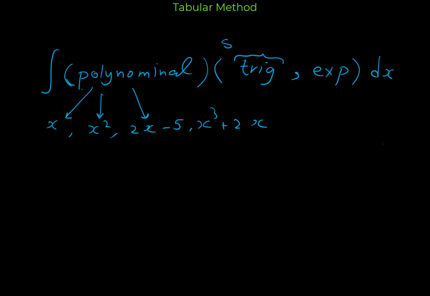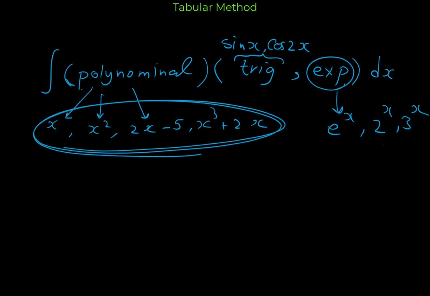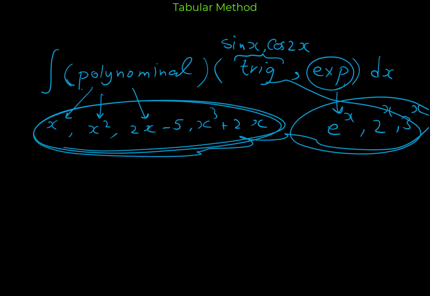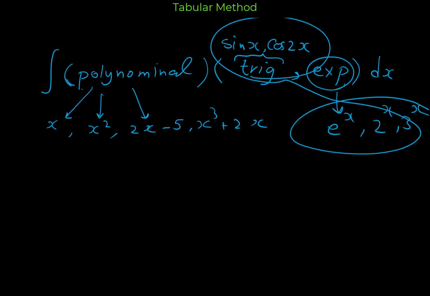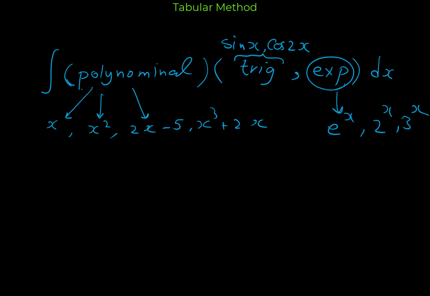By trig functions I mean something like sine x, cosine 2x, and exponential functions like e to the x, 2 to the x, 3 to the x. So if we have an integral in the form of any of these functions times any of these, we can find these types of integrals with the tabular method.